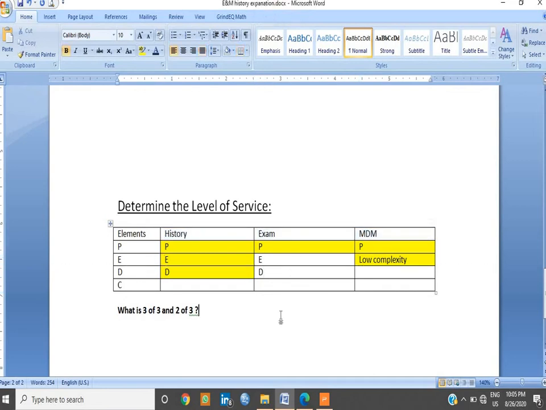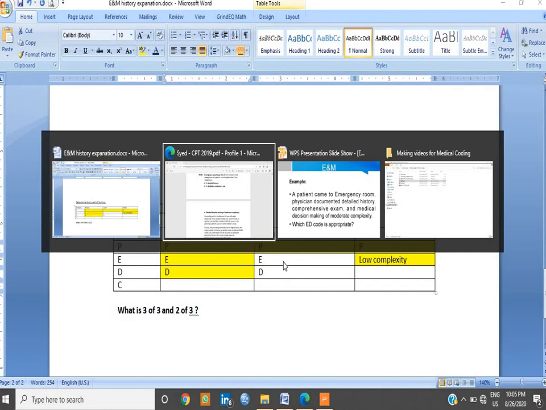Which one comes under all three? Exam, history, MDM. Yes, exactly, problem focused. So for this we have to go for the code which has all these three. Okay, understood? Hope so.